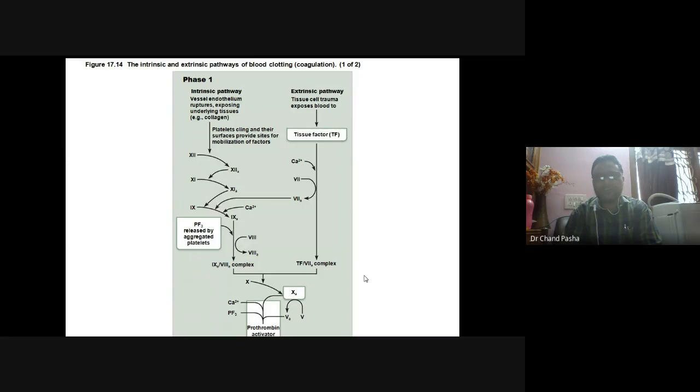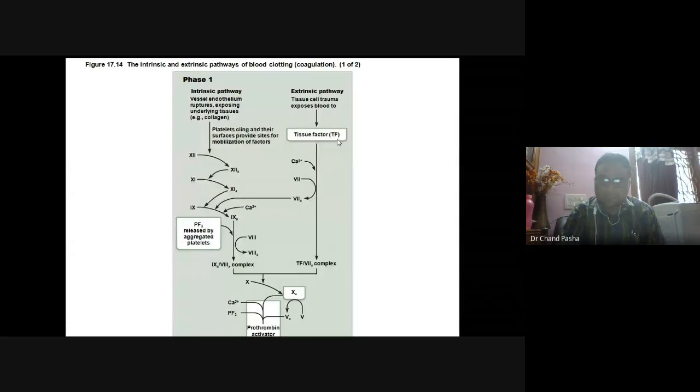Here, in the presence of calcium, the seventh factor is activated to 7A, and the tissue factor helps in this conversion of 7 to 7A.